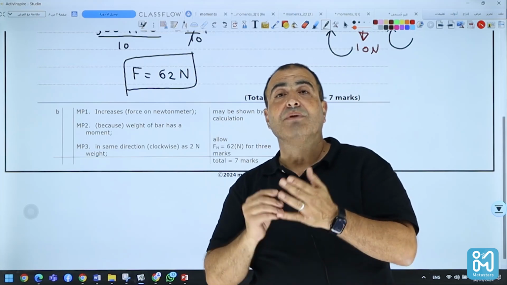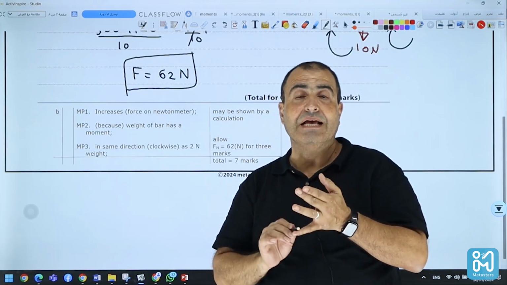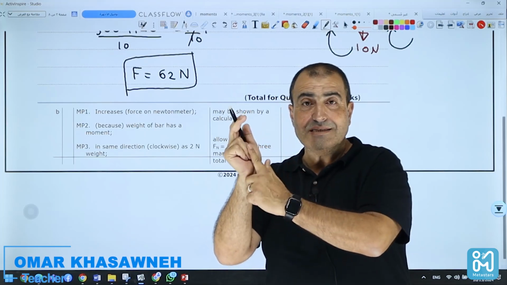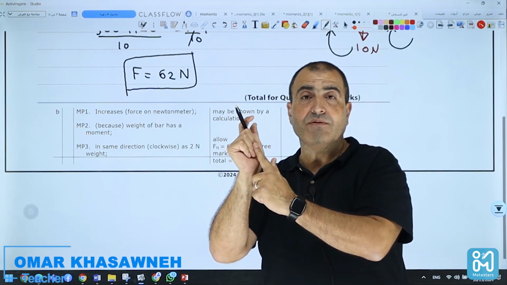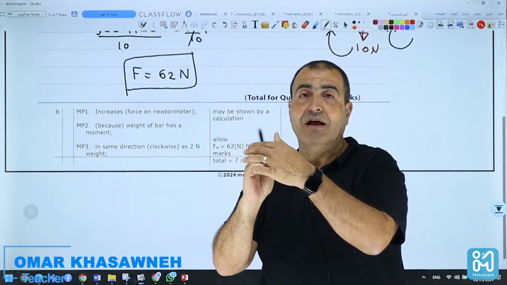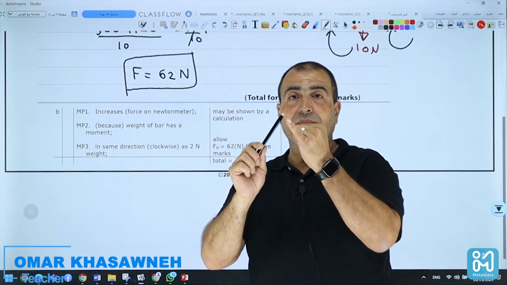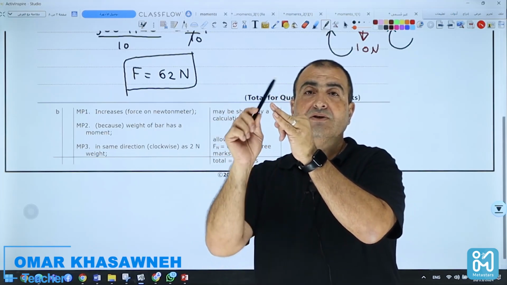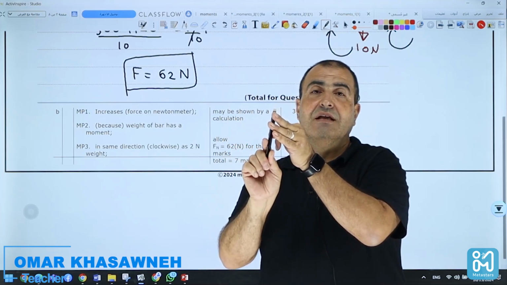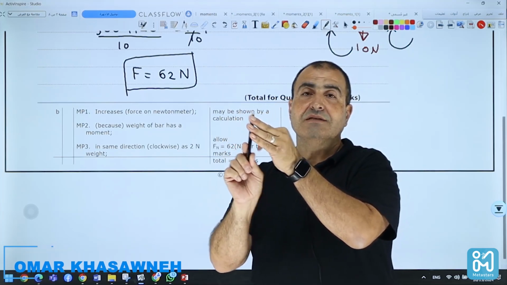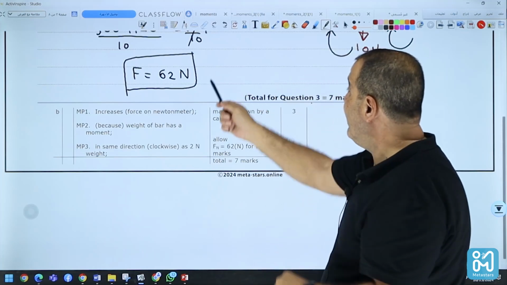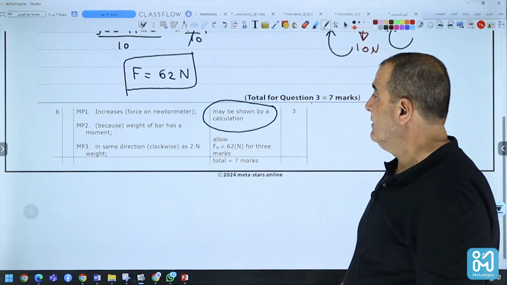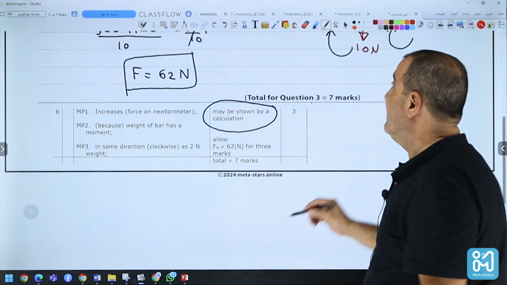If you write because the weight of the bar has a moment clockwise, so the reading of the Newton meter will increase, you take 3 marks. Or you may show it by calculation. Shown by what? By calculation.